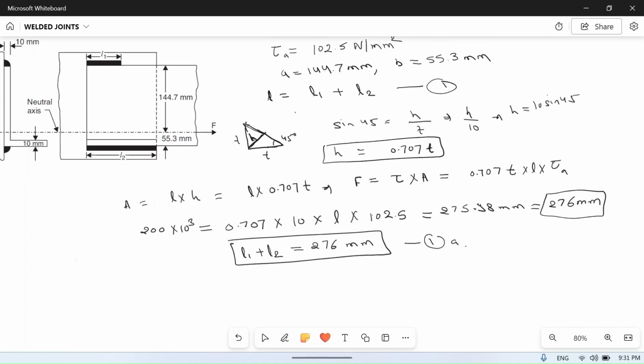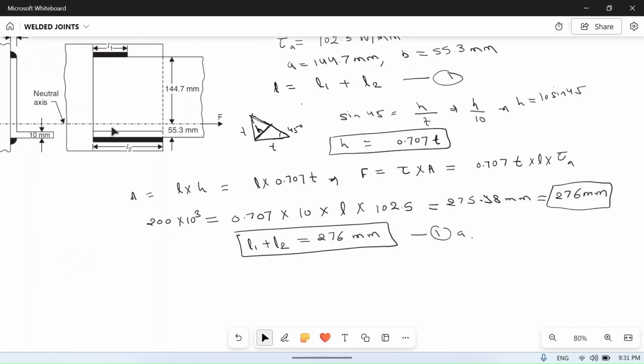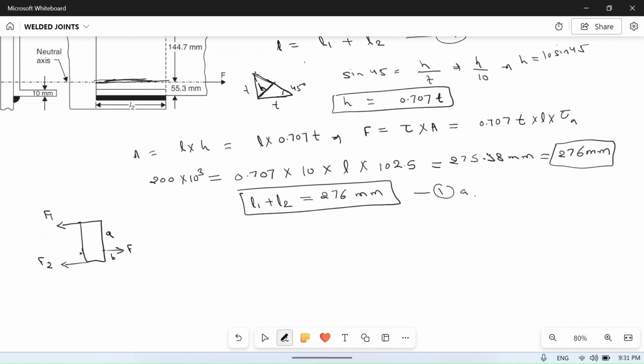Okay, now one more thing, this is the neutral axis of the diagram of this system. Okay, so this distance is A, this distance is B. So suppose we are applying force F here, and this is A, this is B, and this is resistance offered by this weld F1, and this is resistance offered by this weld, which is F2, then their moment around neutral axis will be 0.